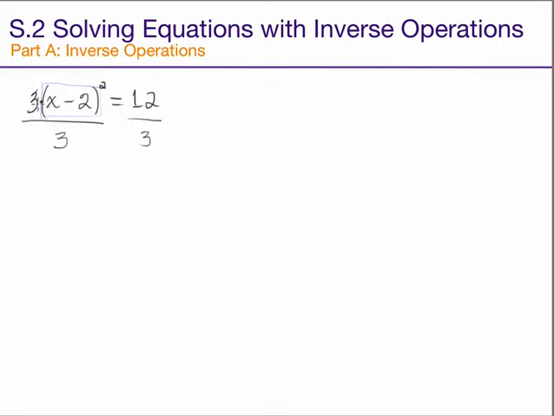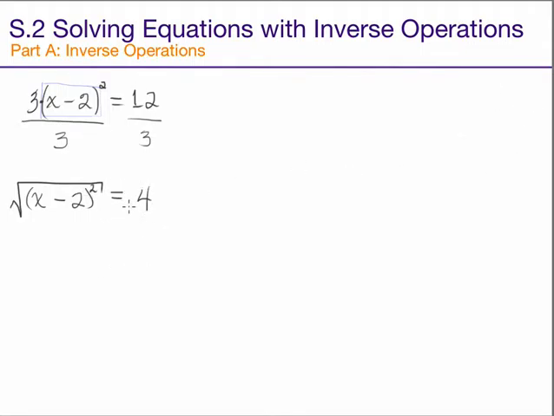This whole thing times 3 divided by 3 is just this whole thing. This whole thing, this time though, is not just x minus 2, but x minus 2 squared. Continuing using inverse operations, I notice that my box is squared. So to undo this squaring, I can unsquare both sides.